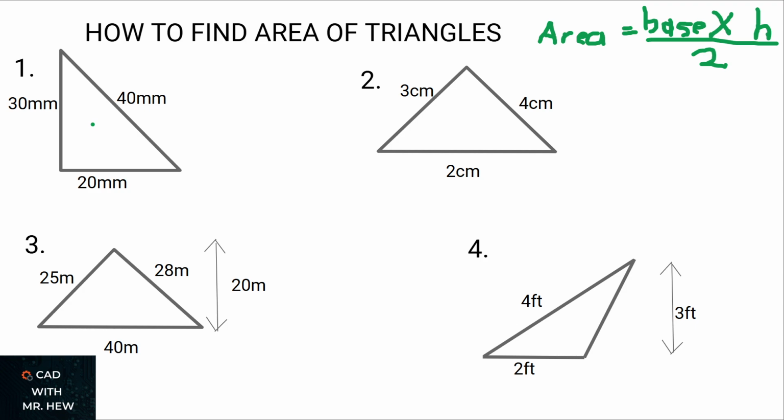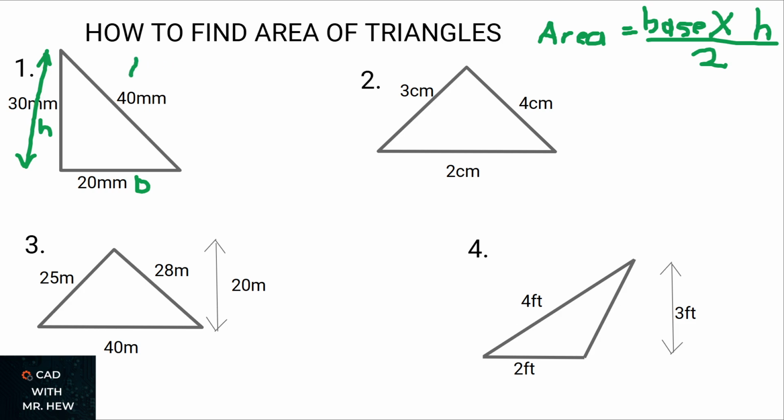Let's look at question 1. The base would be 20, so this is the base, and then the height would be this distance. So this is h. We're going to write the formula.